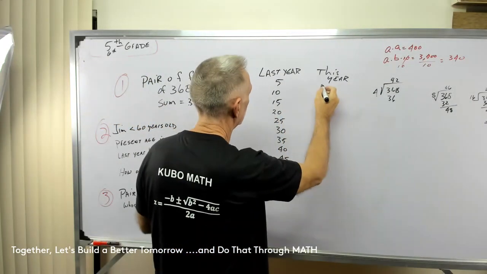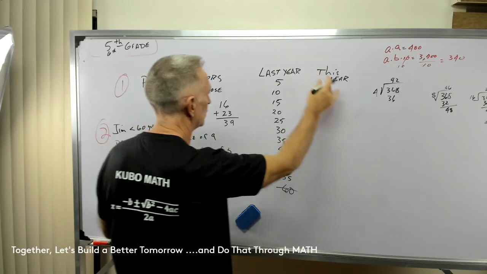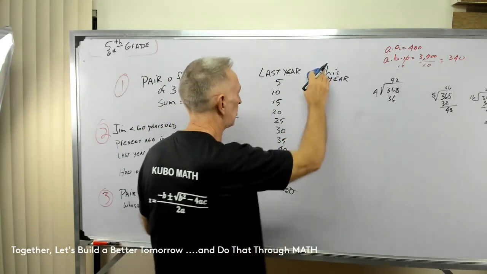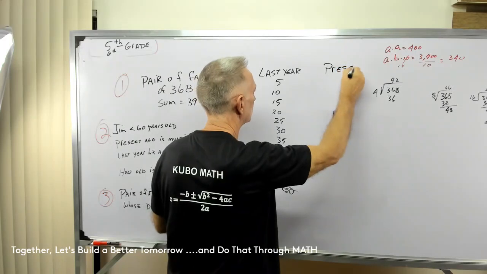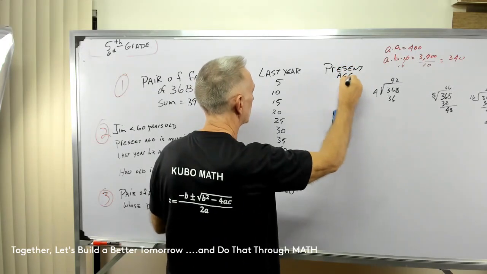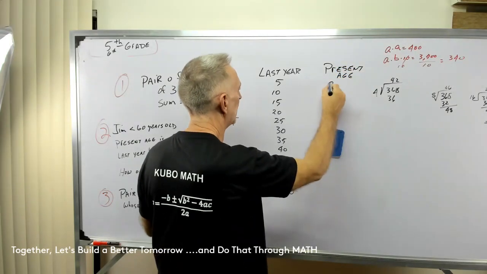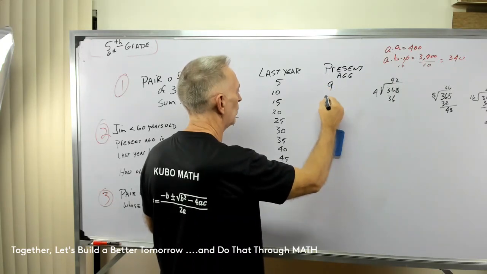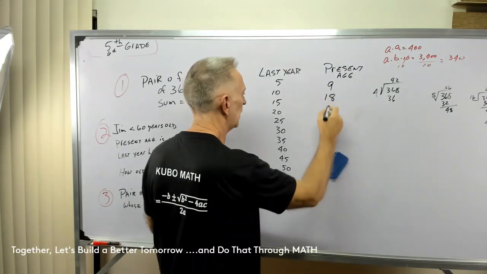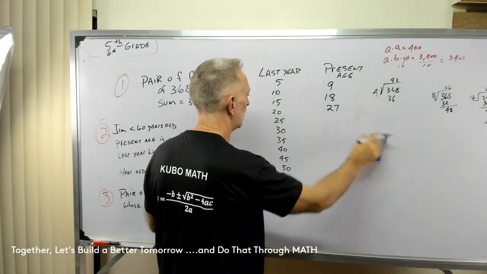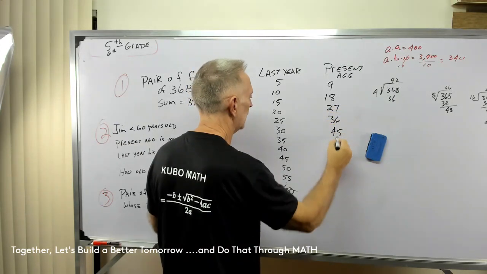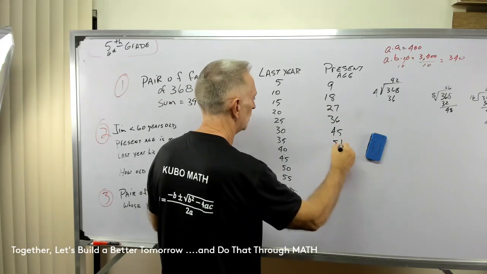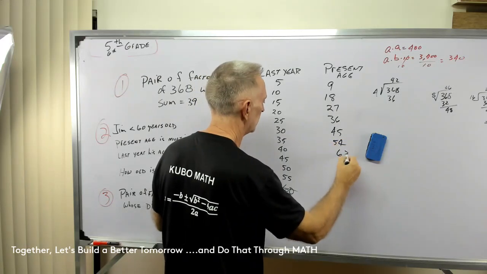So now, this year, present age, same as in the problem, it's multiples of 9. So now we have 9 times 1, 9 times 2, 9 times 3, 27, 9 times 4, 9 times 5, 9 times 6, 9 times 7.